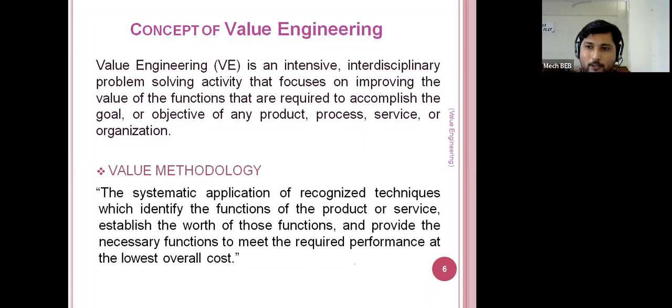Here the value engineering techniques are implemented to understand the cost and functionality relationship and the worth of that particular function. Okay, worth means how much money that particular function deserves in that particular product. So that will be understood over here, and we try to reduce the cost of that product and increase its value.